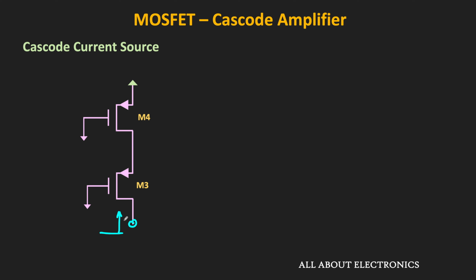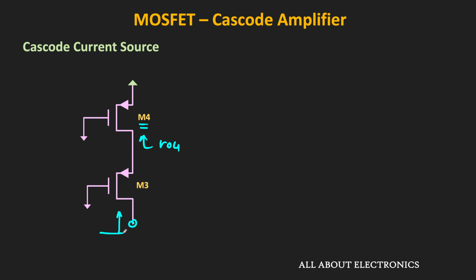For M4, the source and the gate terminal are both connected to the ground terminal. So the equivalent impedance seen from this drain side is equal to the output resistance of this M4. Let's call it R04. And here the second transistor will act as a cascode amplifier, so it will multiply the output resistance of M4 by its intrinsic gain.